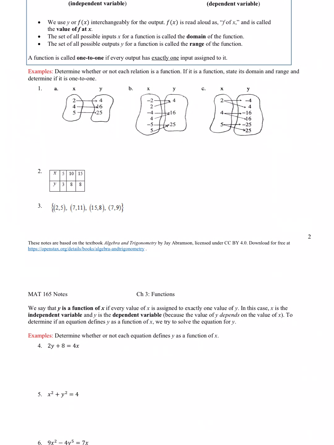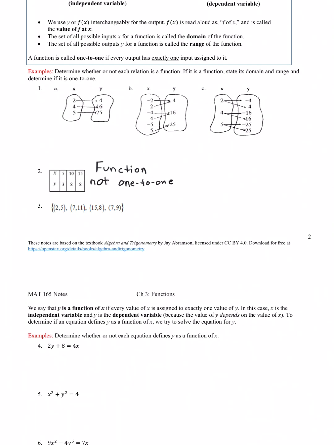Taking a look at number 2, this is a function. Every x value is assigned just one y value. But notice in this case, it is not one-to-one because our y value 8 is assigned 2 different x values. So even though this is a function, it is not one-to-one.